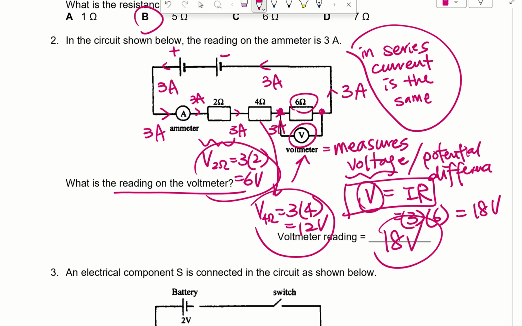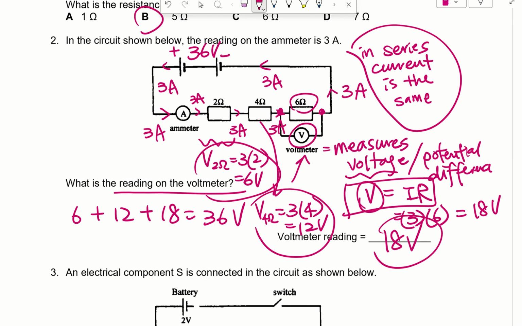So if I were to add them up, 6 plus 12 plus 18, I will get a total voltage of 36 volts, which means the battery is 36 volts, right? The battery is 36 volts, so that it can supply the voltage of 6, 12, and 18 to the 2, 4, 6 ohm respectively. Okay, how can I prove that?